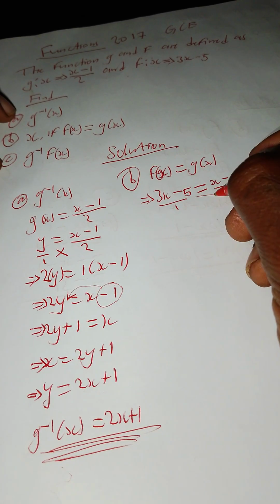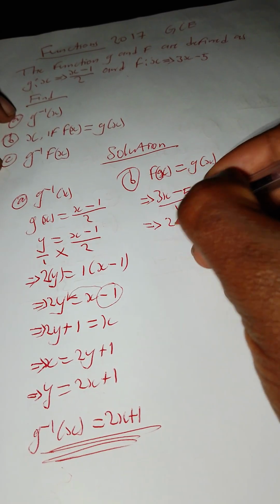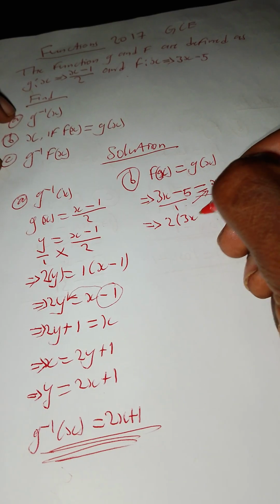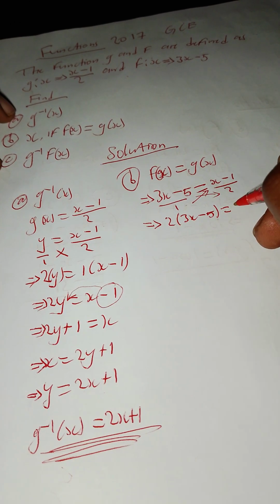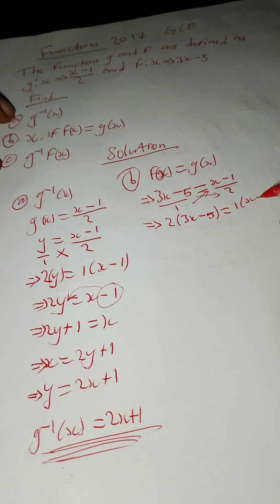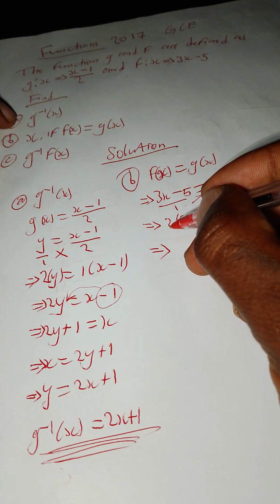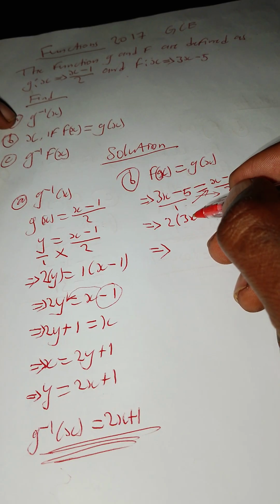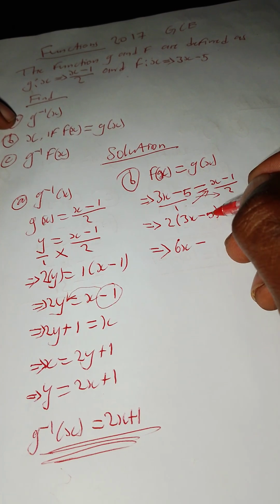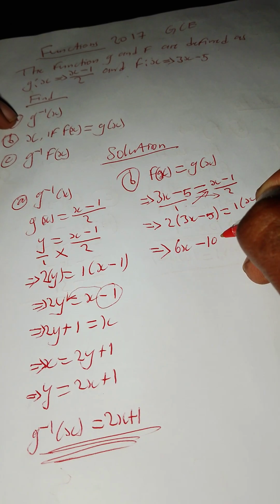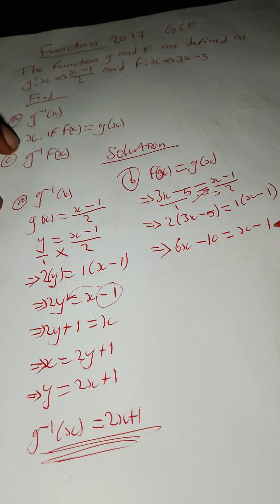If we cross and multiply this one by this one and this one by that one, it will be 2 open bracket 3x minus 5 close, is equal to this one times (x minus 1). This implies that when we multiply 2 by 3x, we get 6x, minus 2 by 5, we get 10, is equal to x minus 1, which will remain the same because 1 does not change anything there.